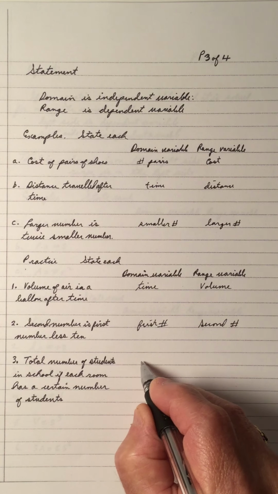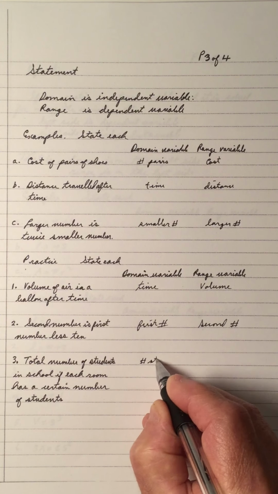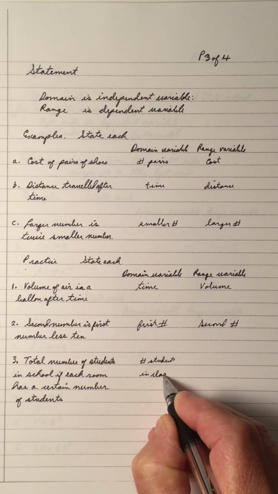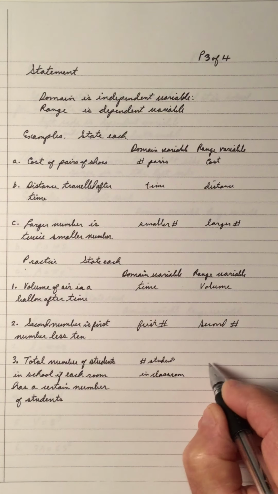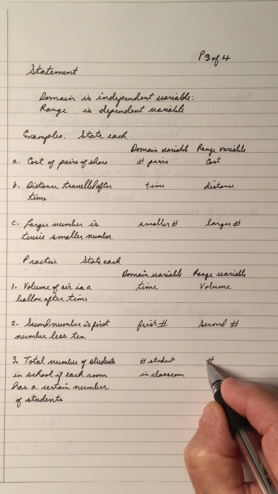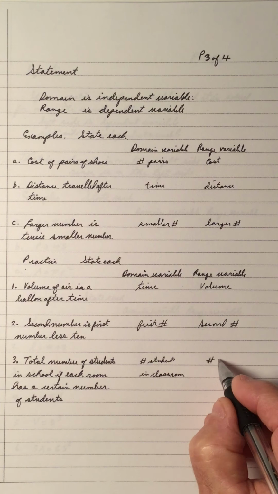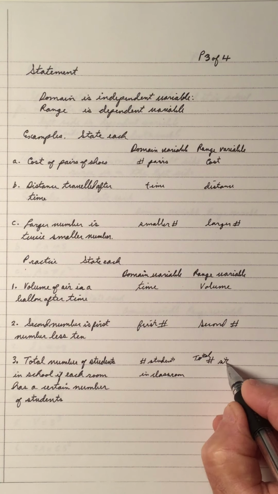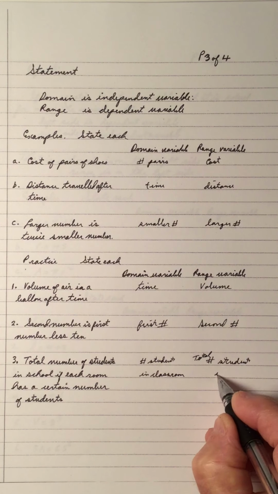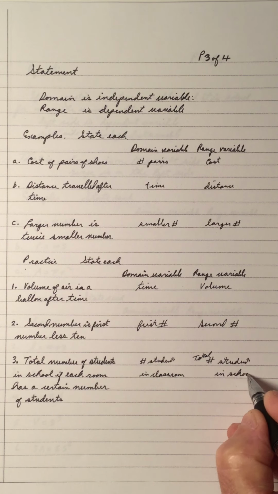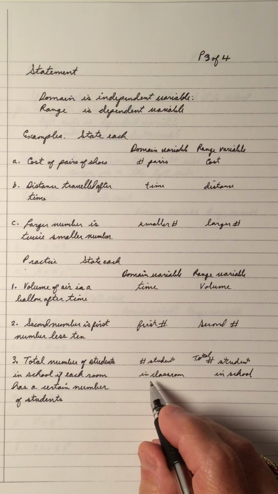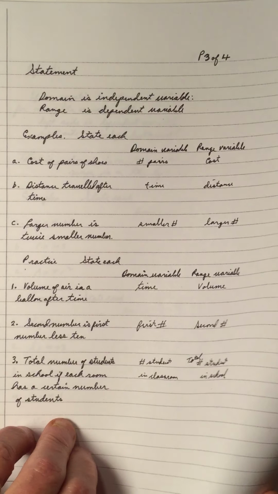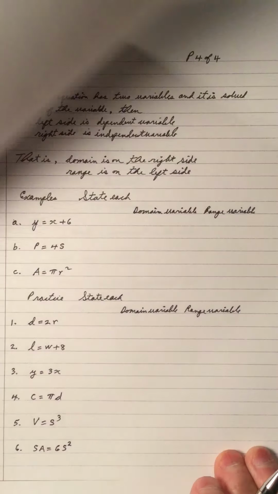So the domain is the number of students in a classroom, and the range is the total number of students in the school, because the number of students in the school depends on the number of students in the class. Again, domain is the independent, range is the dependent.